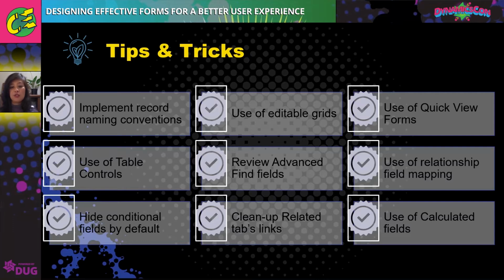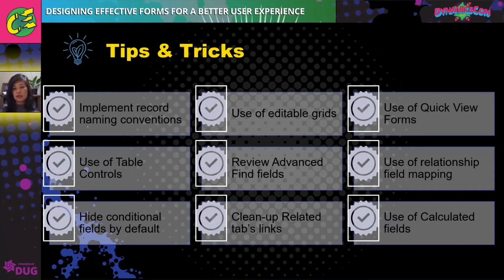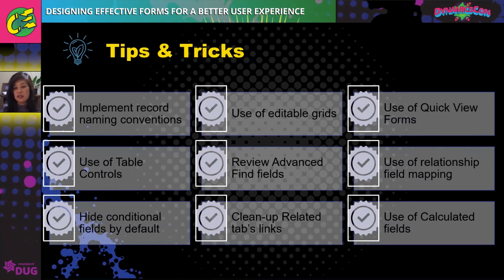And next is the use of calculated fields. I kind of like this one as well. So by doing a calculated field, of course, you can do calculations and stuff, but you can also copy a value from a related record, and that will be updated.